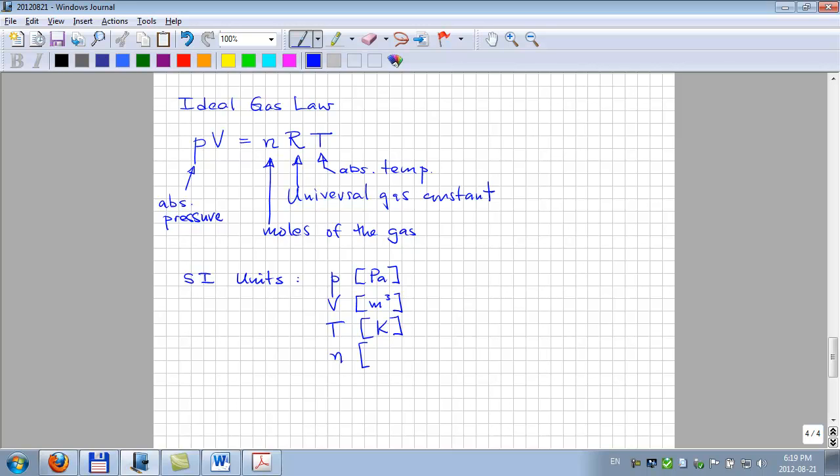Let's take 16 for the molecular weight of methane. It is 16 grams per mole, little mol.